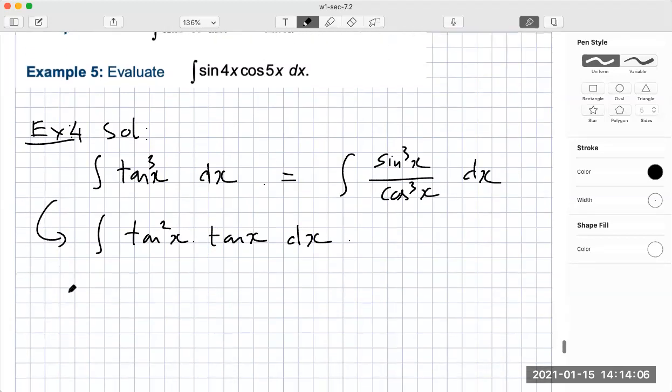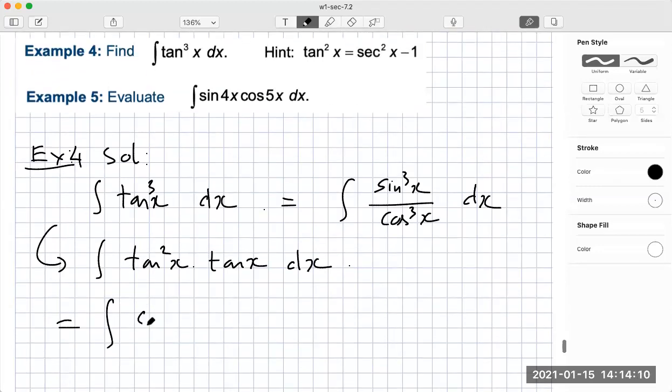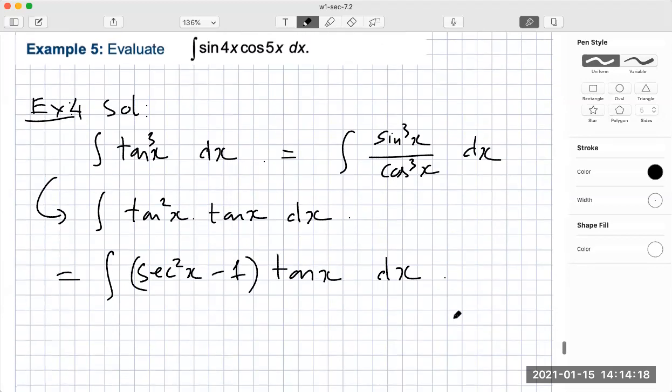Let us just expand it. Okay, it will be secant squared minus 1 times tan x here, dx, right? Okay, if we do so, what should we do next?